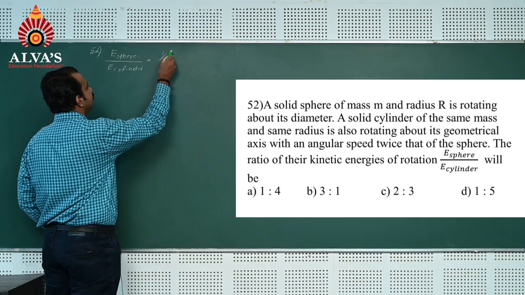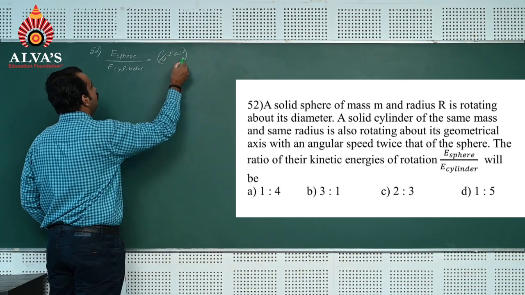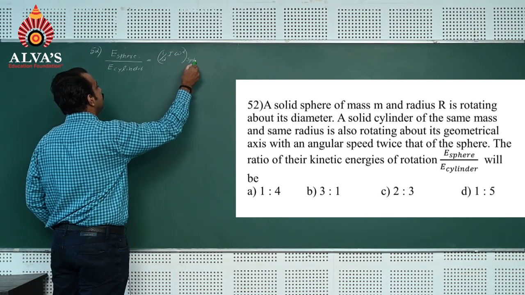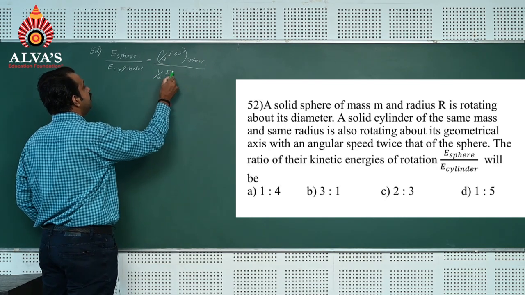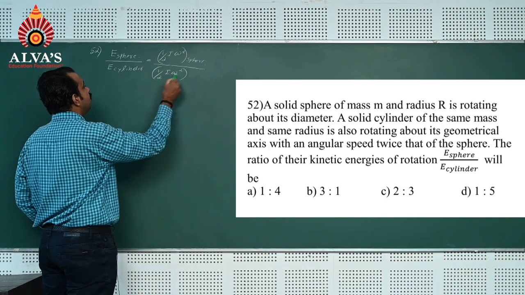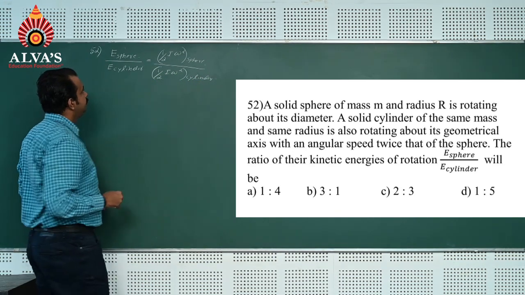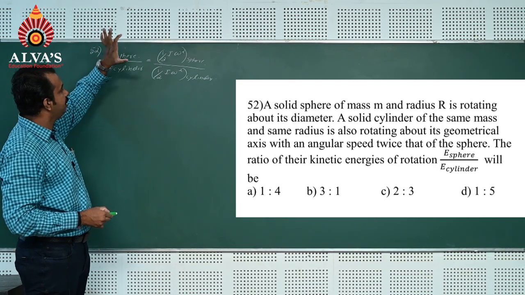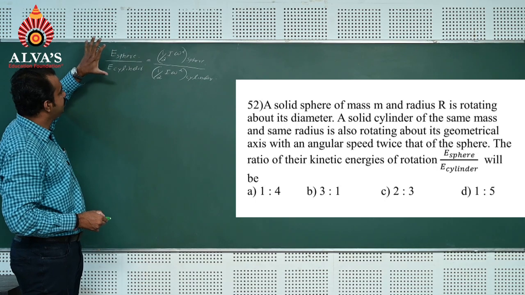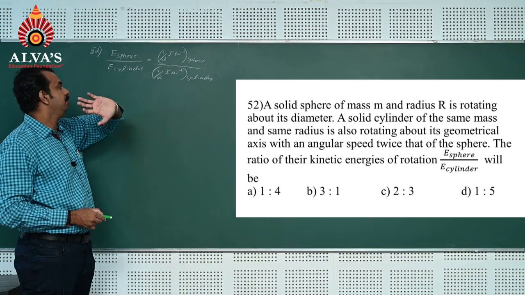It is half I omega square for sphere divided by half I omega square for cylinder, right? E sphere means kinetic energy of sphere rotating about the axis. E cylinder means kinetic energy of cylinder about given axis.